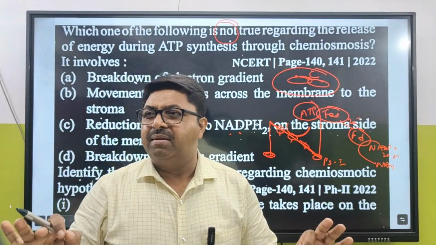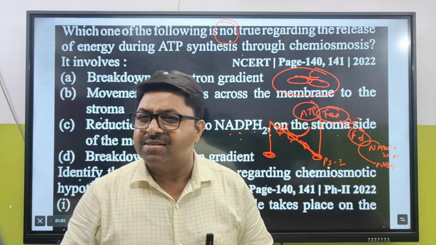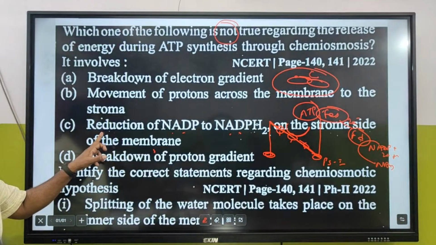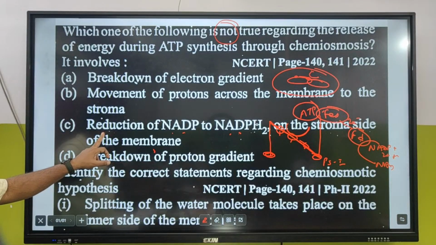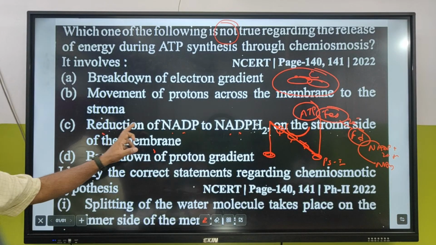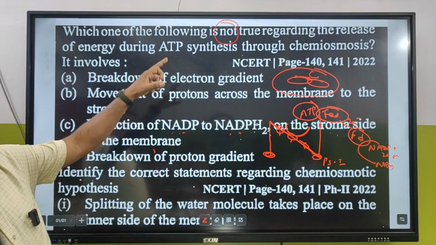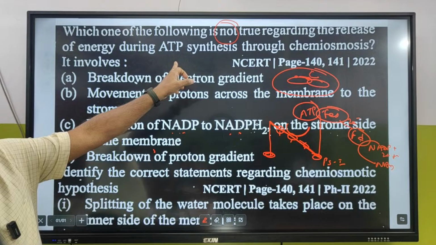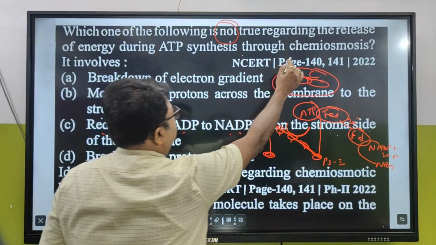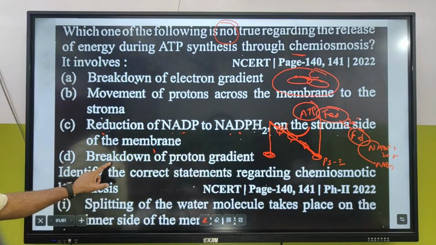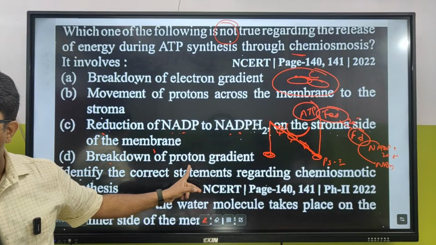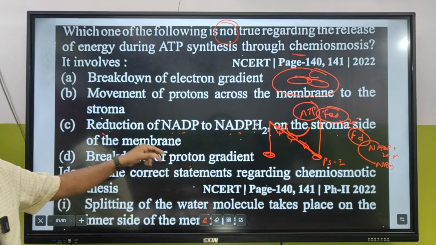Mind you, it's very, very important. Last day we discussed all this. So this is not true. The statement is right, but does it take place during chemiosmosis? No. So which one is not true?